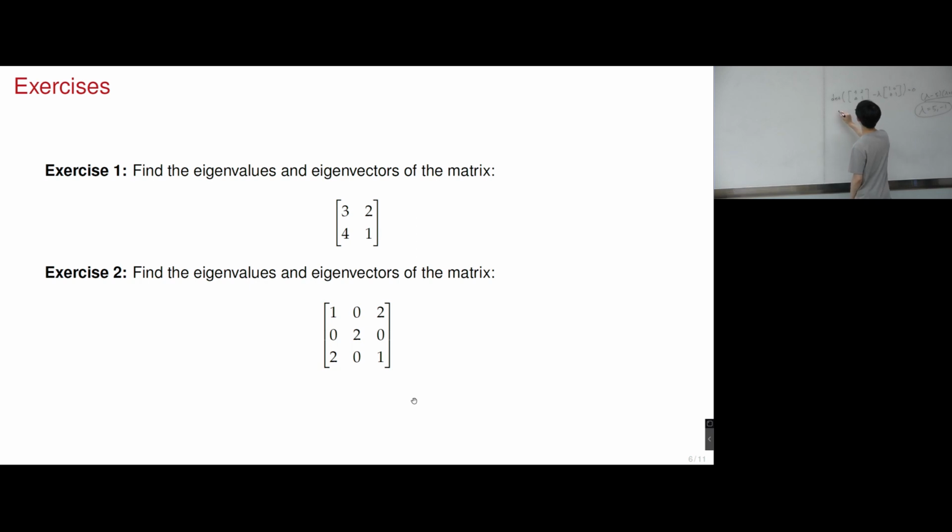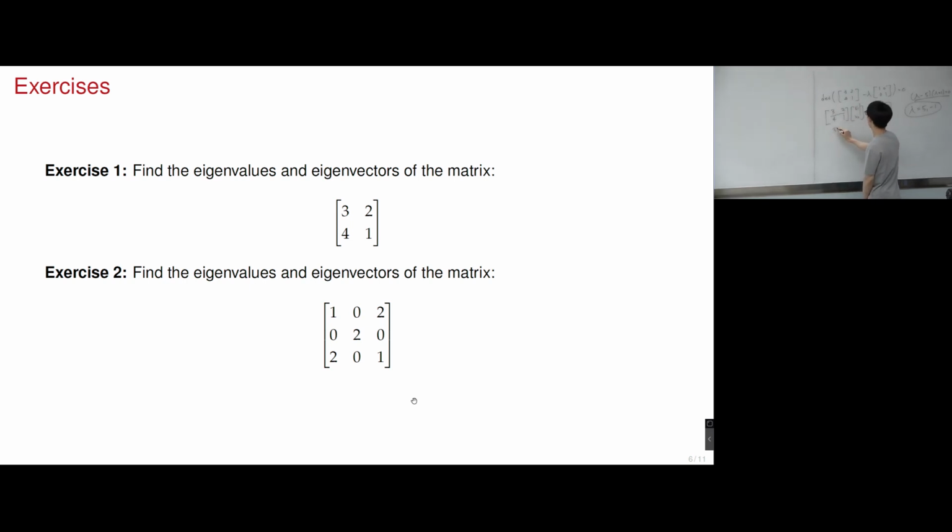Okay, so we're going to have some vector, which is going to be v1, v2. And if you multiply this, let's just do it for lambda 5 for now, you have to get 5v1, 5v2. Because this is just a 2 by 2 matrix, let's solve it like a normal equation.